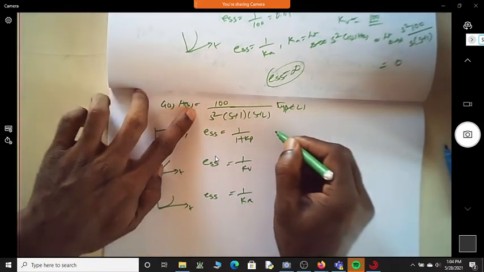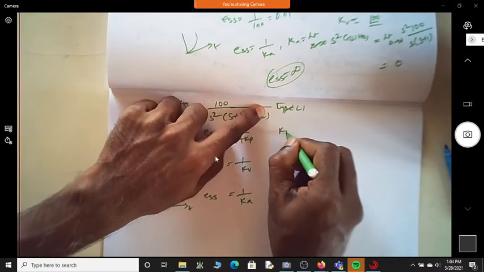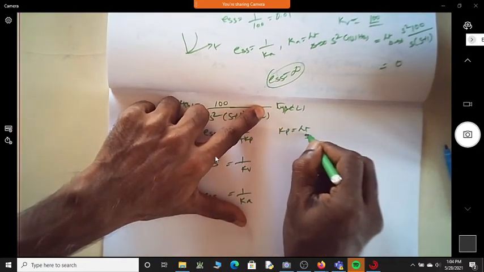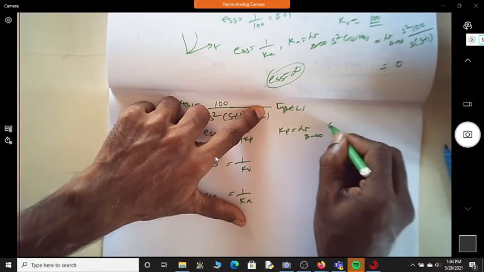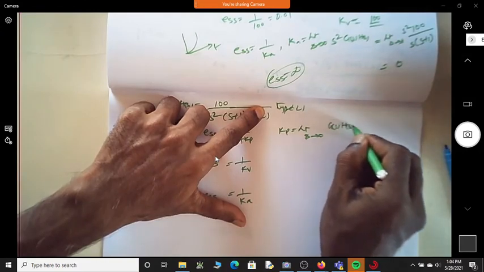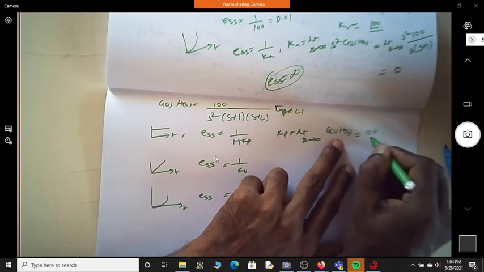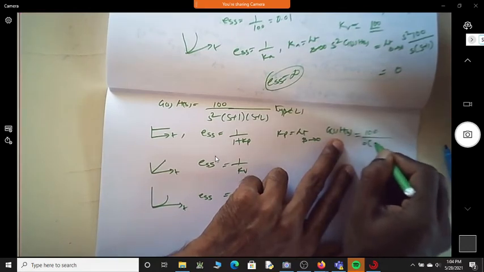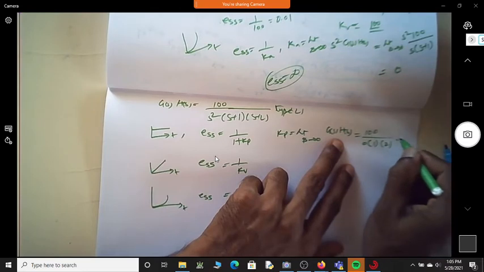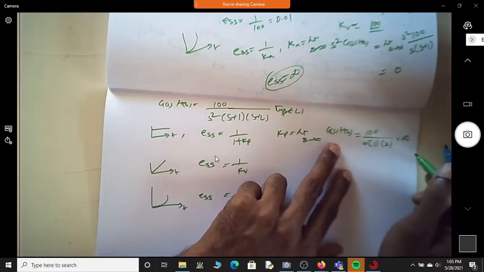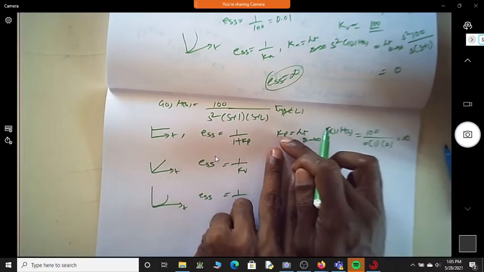What is Kp now? Limit of s tending to 0, G(s) into H(s). This will become equal to 100 by 0 into 1 into 2, which is equal to infinity. This is Kp.